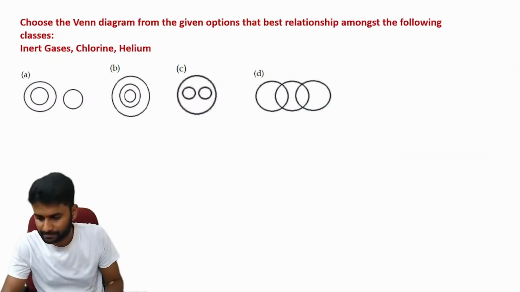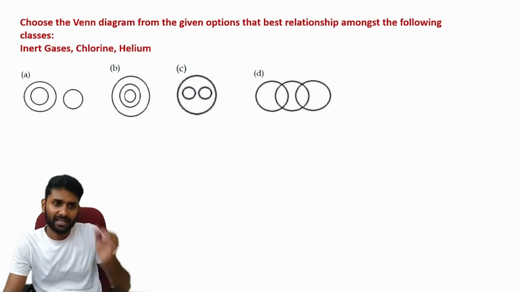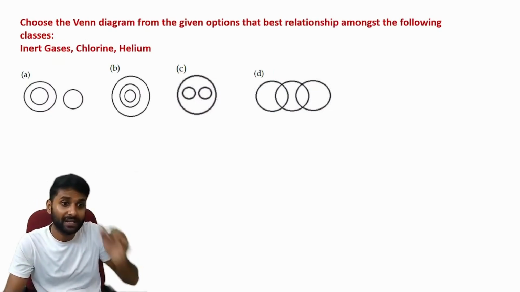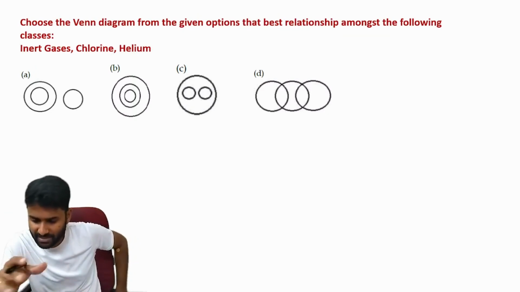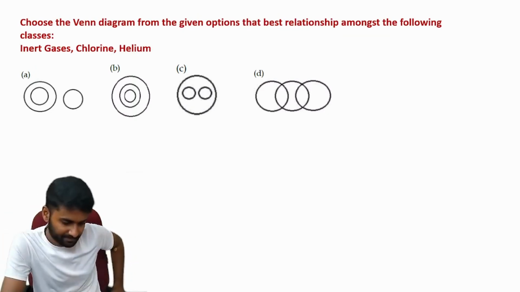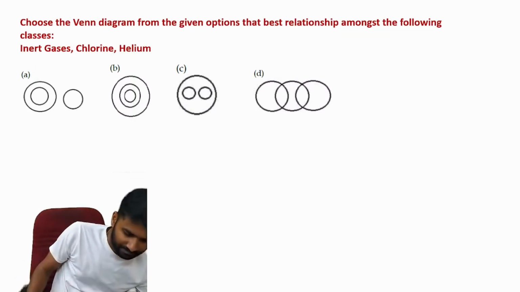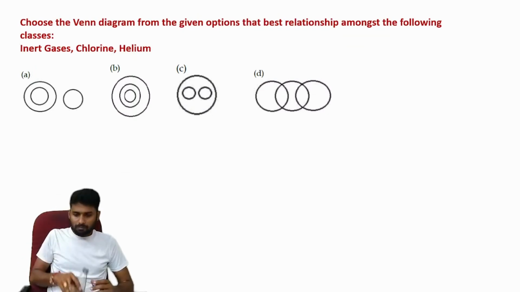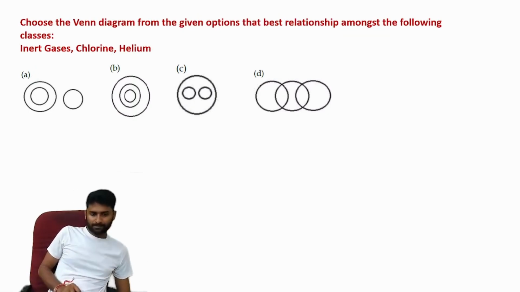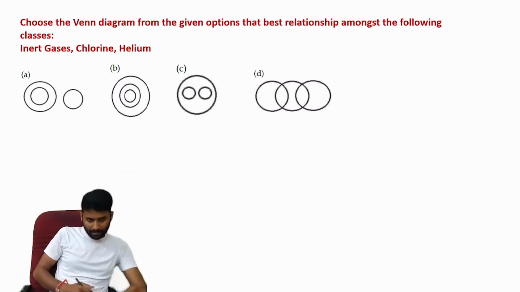Next, find the relation here. Inert gases, chlorine, and helium. What is the relation among these three elements? Very good.